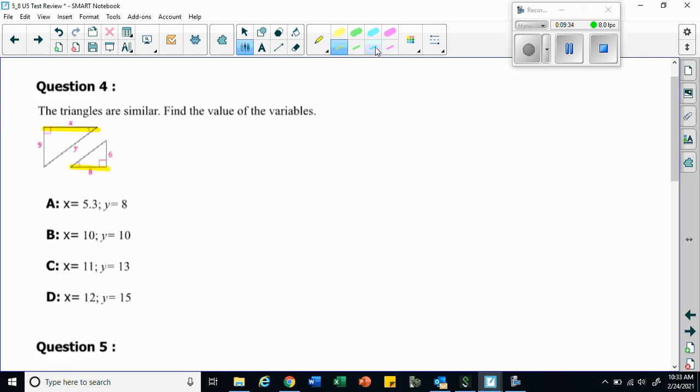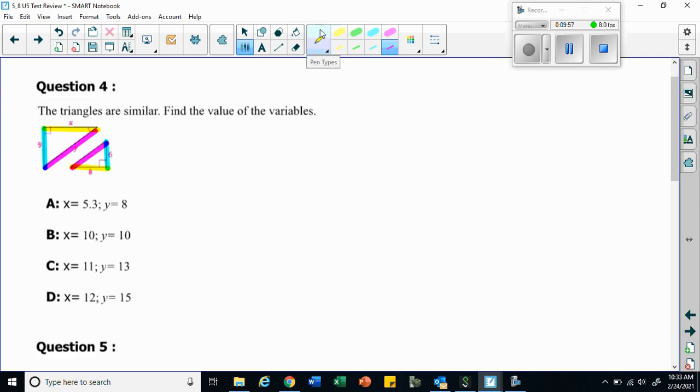Then this side right here, starting at the 90-degree angle, there's nothing. I'm going to highlight this one blue, and the same side here, blue. And then I'm going to highlight this one right here purple, and the same side here, purple.